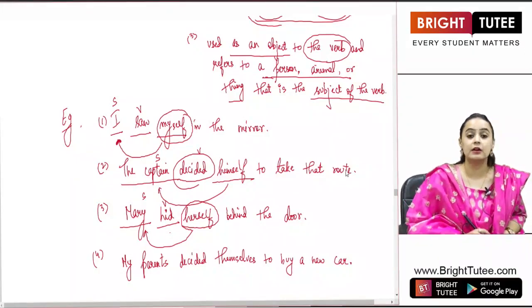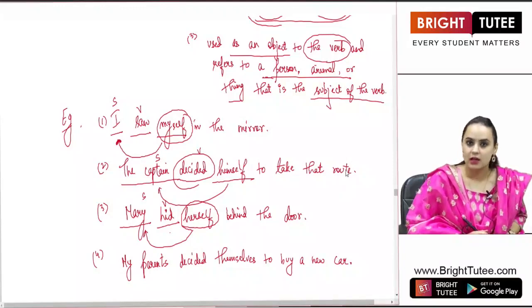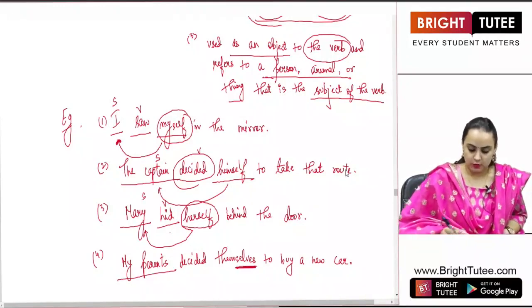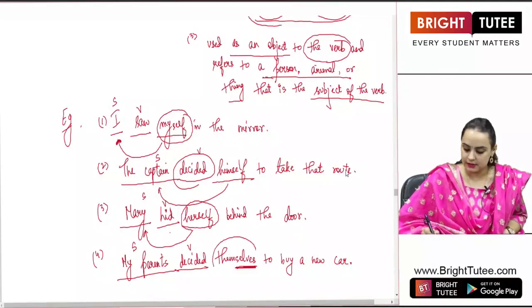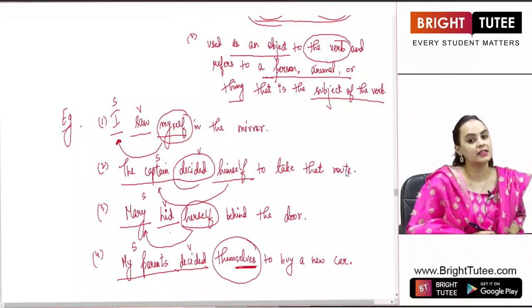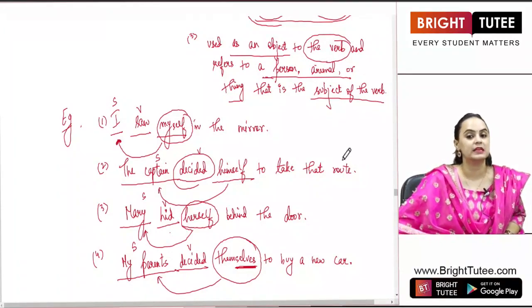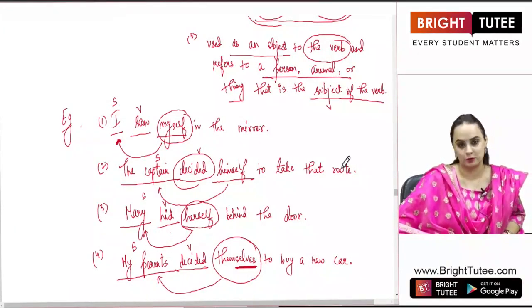Now, since here I am talking about parents who are plural, that is why it is selves, themselves, which is used. So, my parents is the subject, decided is the verb, and themselves is my reflexive pronoun, which is used for my parents, thus making it the object of the verb.